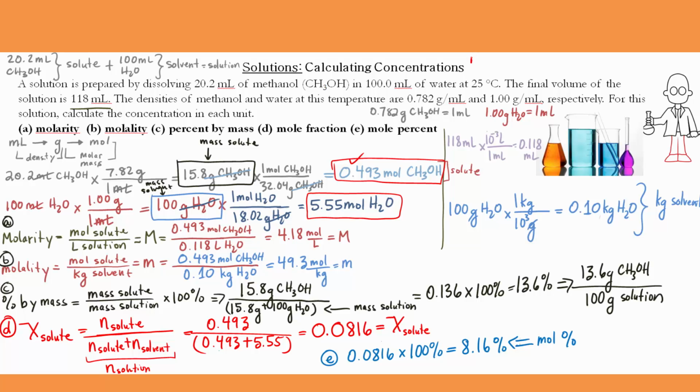So we have to go from milliliters to a mass, and from a mass to moles. And as I said, this is using the density. And from here we use a molar mass.